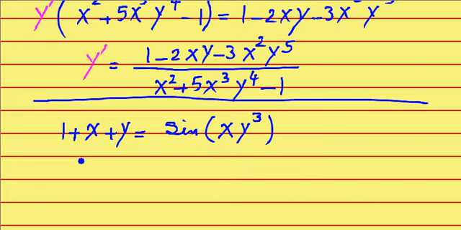So again, we go ahead and differentiate. Our question is find dy dx, y prime. We want to find that. Okay, derivative of 1 is 0, derivative of x is 1, derivative of y is y prime. That was the easy part. Right hand side, I have to differentiate this.